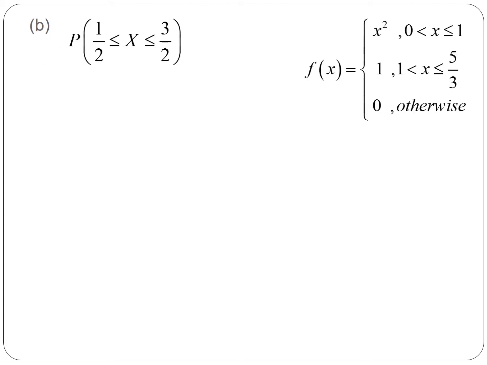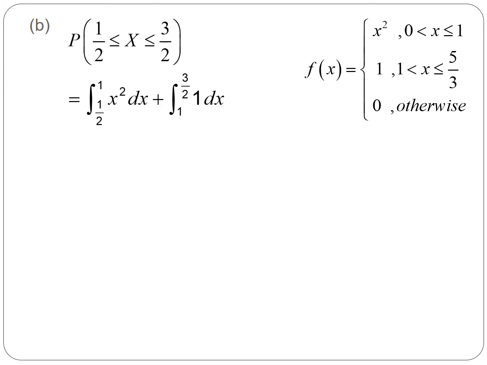Part B, finding the probability of x from half to 3 over 2. You look at the function. Okay, your x half lies in the interval 0 to 1. So you have to use the function x squared. 3 over 2 lies in the interval 1 to 5 over 3. So you have to use f of x equal 1.